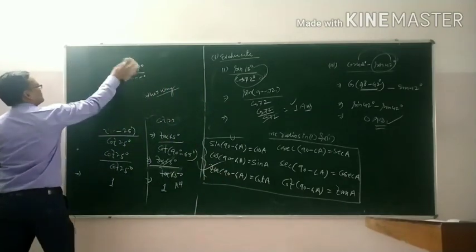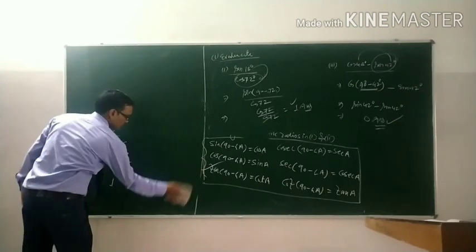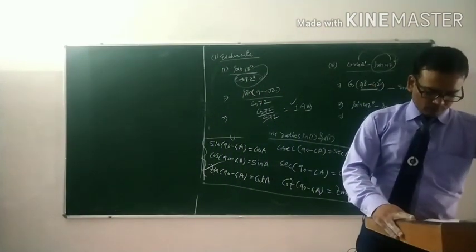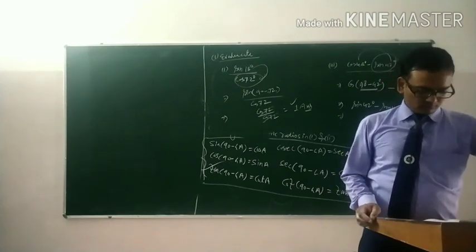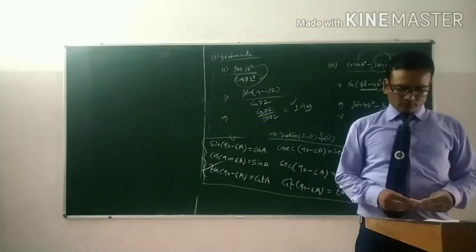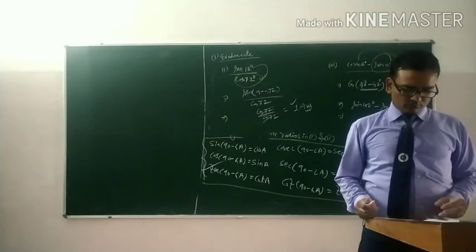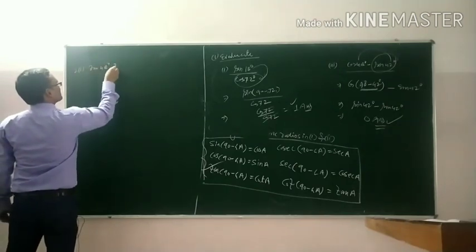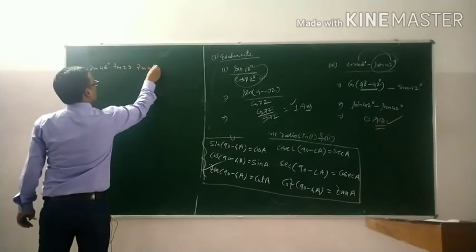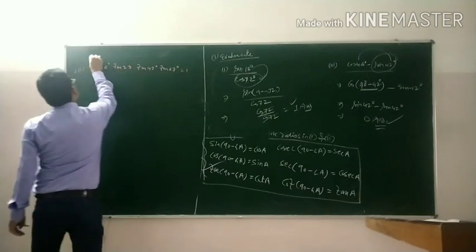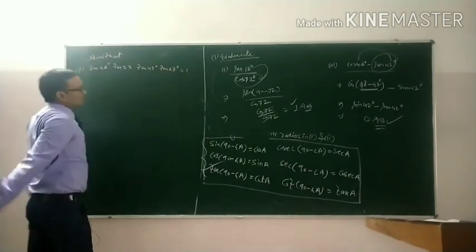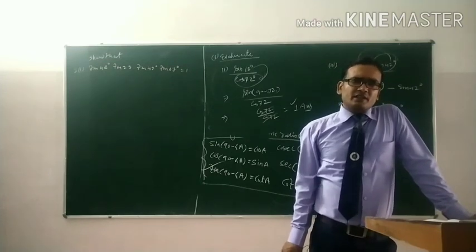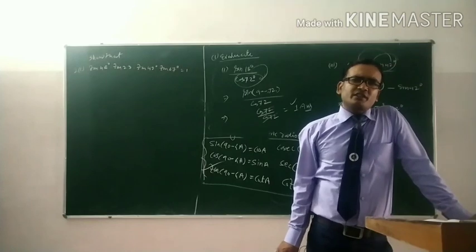The first part of question number 2: show that tan 48 into tan 23 into tan 42 into tan 67 is equal to 1.